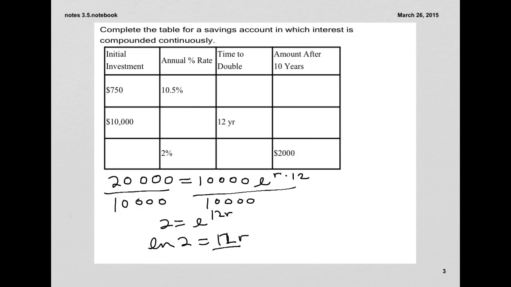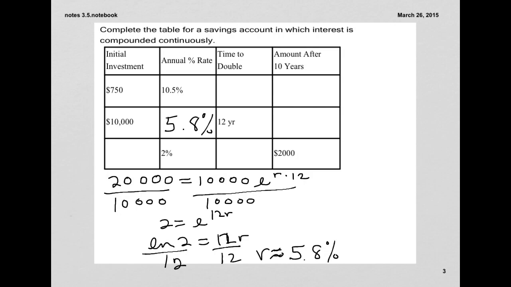Divide both sides by 12. And we get r equals 5.8%, approximately, of course. So there's our rate, 5.8%.